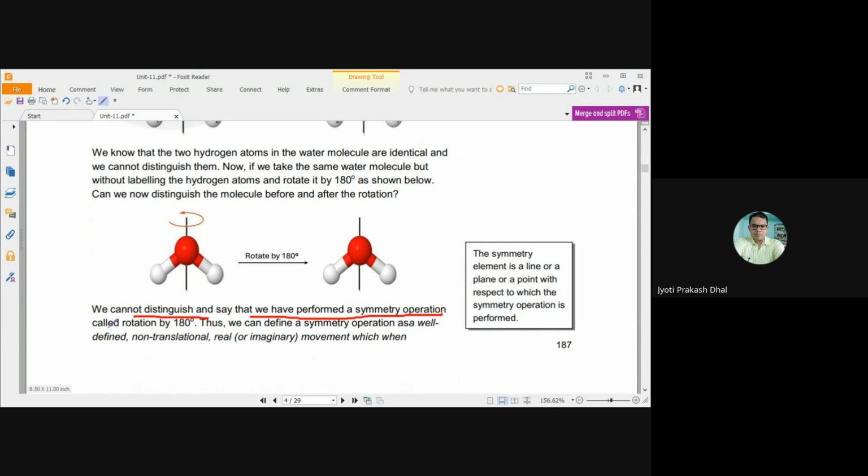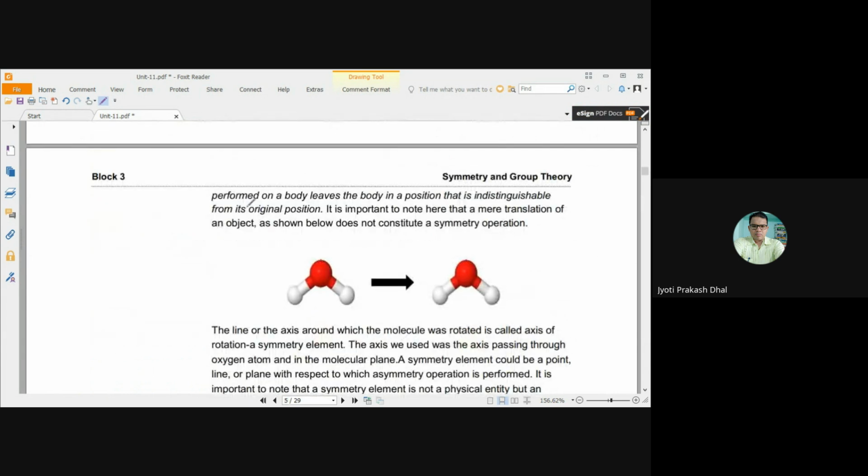So here we cannot distinguish and say that we have performed a symmetry operation. That is called symmetry operation, and this symmetry operation is called rotation by 180 degrees. Thus, we can define the symmetry operation as well. Define: a non-translational real movement which, when performed on a body, leaves the body in a position that is indistinguishable from its original position.